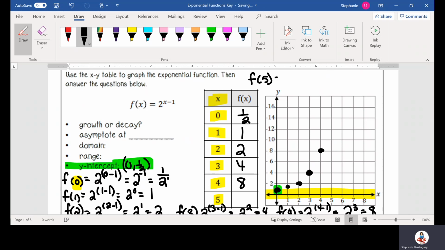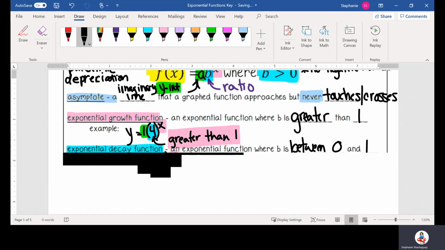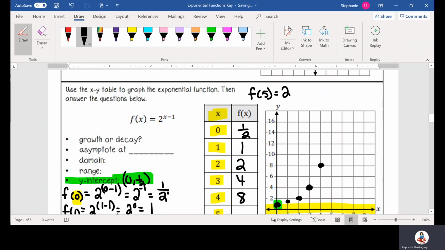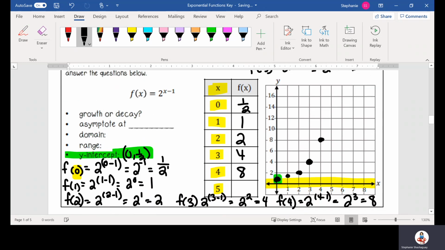F of 5 is equal to 2 to the 5 minus 1 power, which is equal to 2 to the 4th power, which is just equal to 16. So when my input is 5, my output is 16.